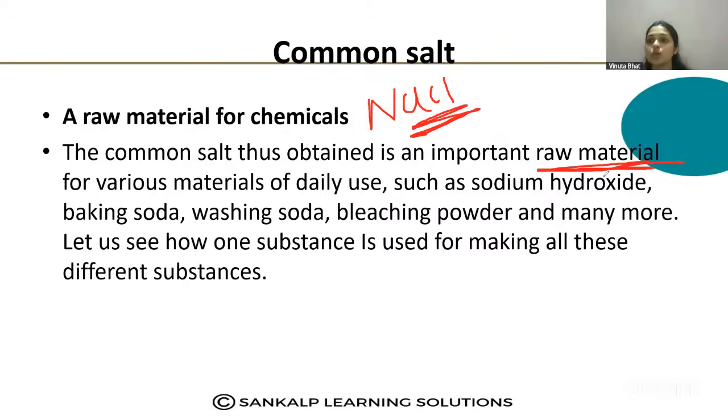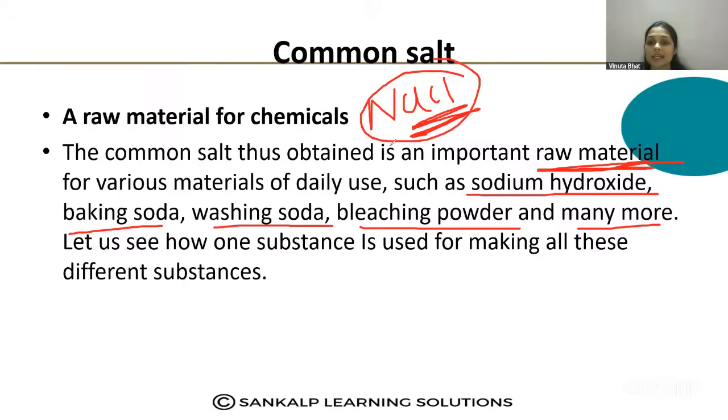It is used to produce some other materials, such as sodium hydroxide, baking soda, washing soda, bleaching powder and many more. Sodium chloride is the basic raw material to produce all these.